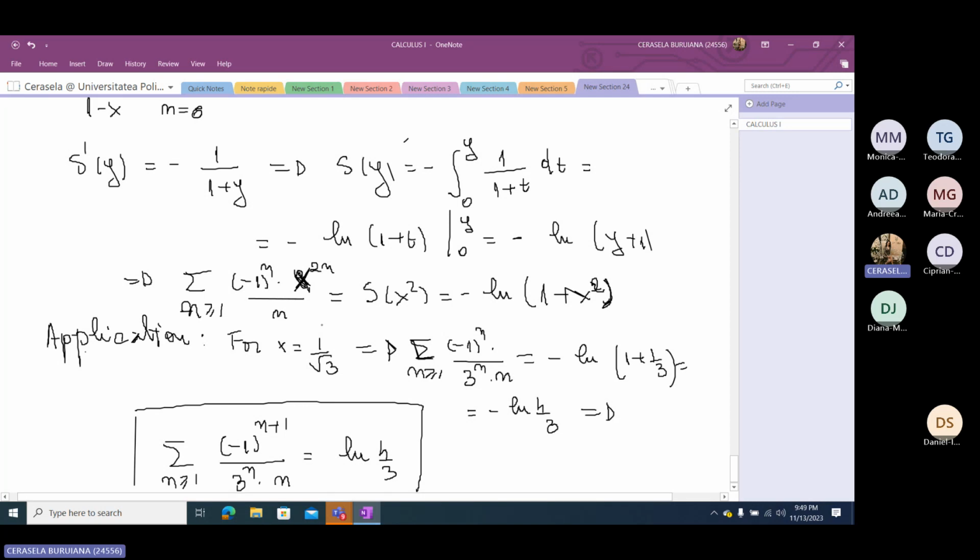But after you solve the point A, it will be easy for you to remark that if you take x to be 1 over square root of 3, you get exactly the series I asked you to compute. But no, I don't think it will be like this. I just wanted to show it, I think it's interesting. But no, I don't think you'll have something like this at the exam.